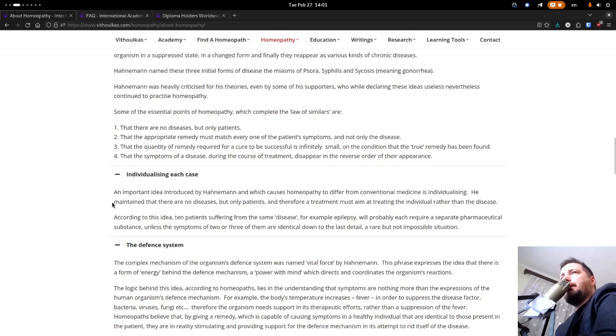You have to individualize the remedy based on the unique characteristics of each patient. The appropriate remedy must match every one of the patient's symptoms. By symptoms here, they mean that it must match the mental, emotional, and physical characteristics, not just disease symptoms, but characteristics and peculiarities of a patient.